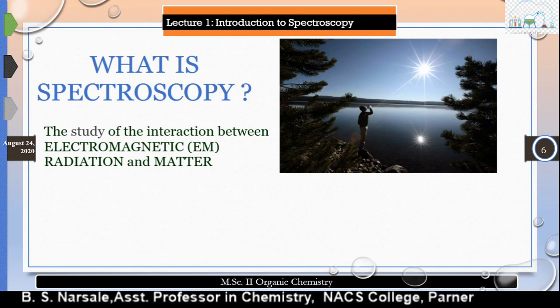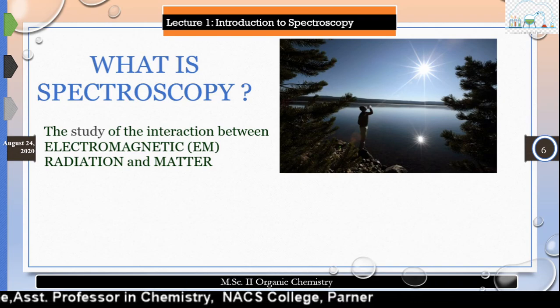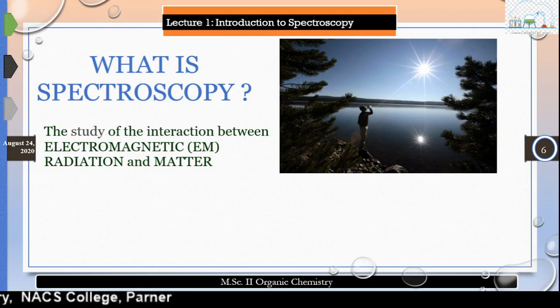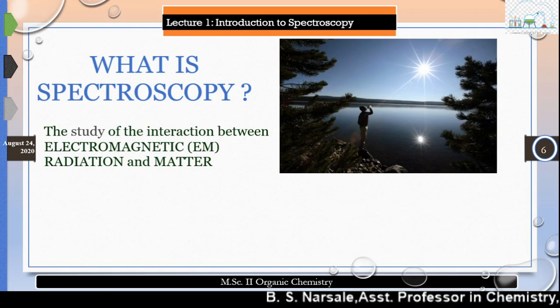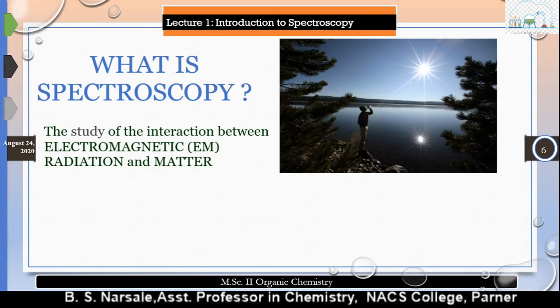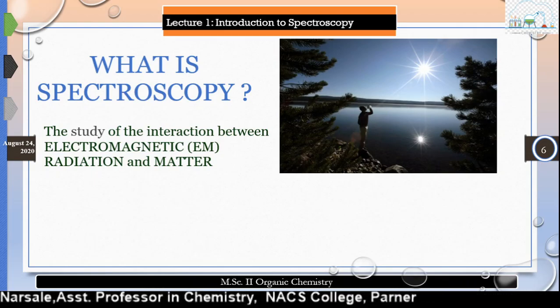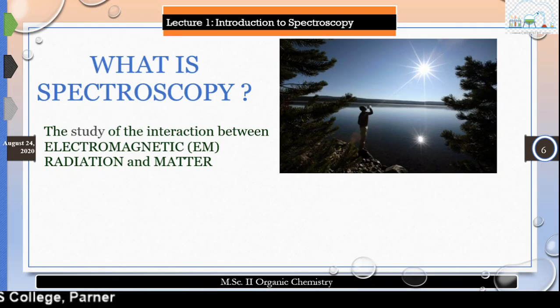Then the question is, what is spectroscopy? Simply, we take an object, and on that object radiation strikes.